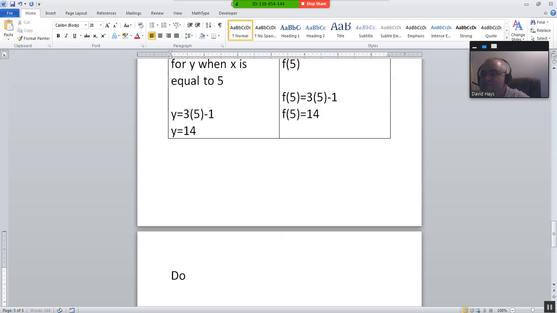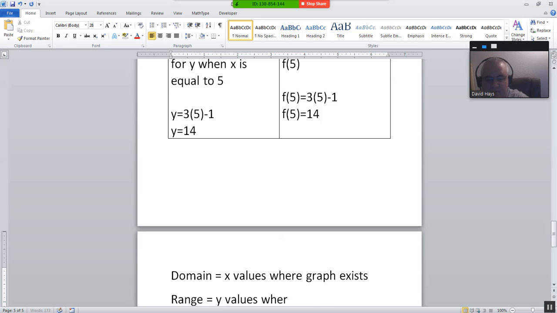Now your domain is your x values where your graph exists. Your range is your y values where the graph exists.